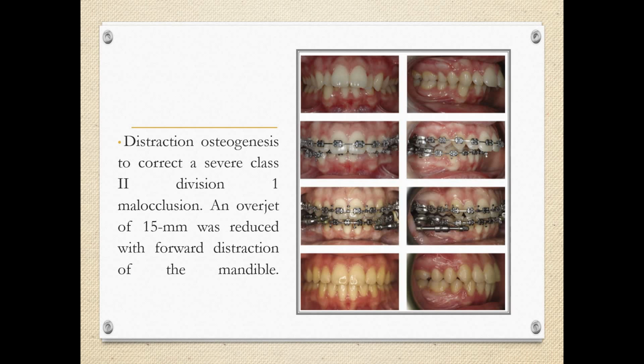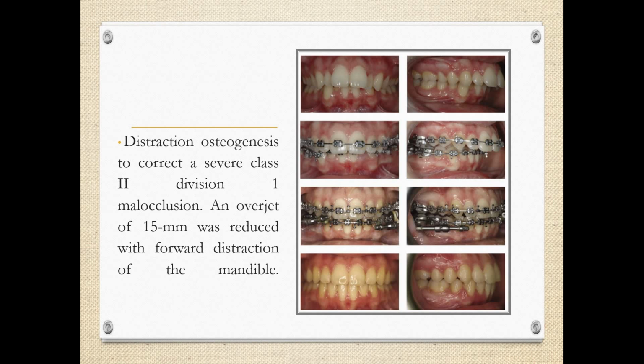The following clinical cases demonstrate the use of osteodistraction for treating various types of bone deficiencies, maxillary and mandibular deficiencies. Furthermore, these cases demonstrate that the use of distraction osteogenesis does not preclude obtaining high-quality facial aesthetics and an ideal functionally based occlusion.